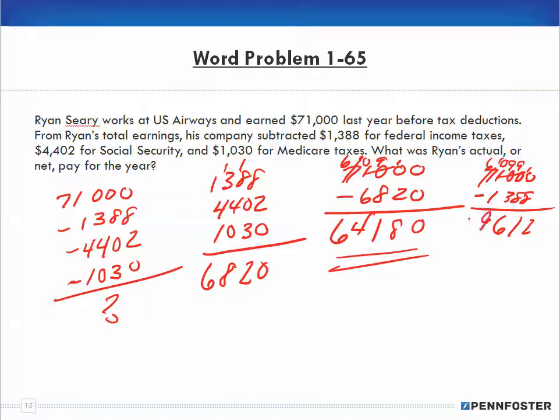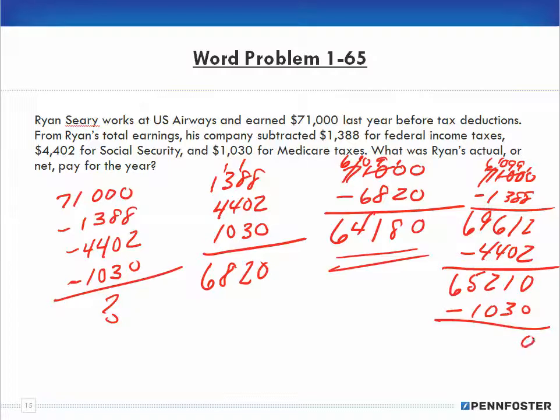All right, that's 9, so I end up with 69,612. From that, I have to subtract the 4,402. 0, 1, 2, 5, 6, and then I have to subtract the 1,030, and I end up with 0. That's 1, 1, that's 8.